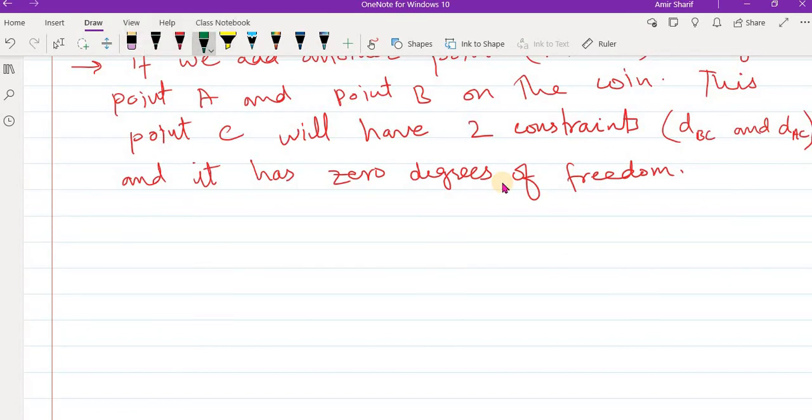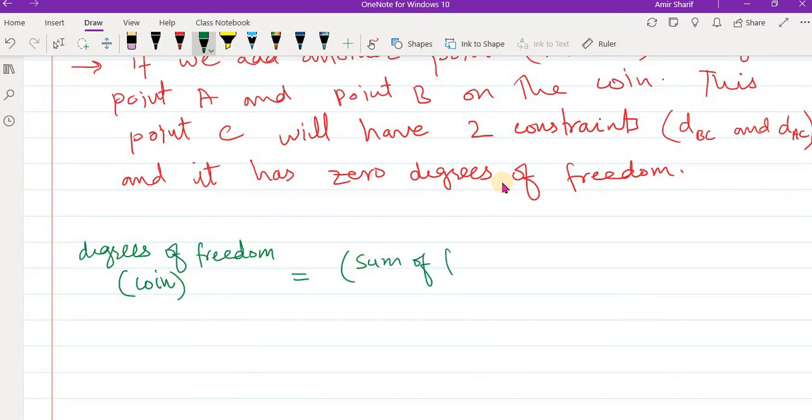So we can say that degrees of freedom of coin is equal to the sum of freedom of points minus the number of constraints. Sum of the total constraints you have.